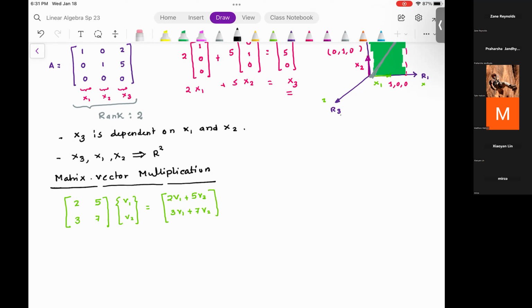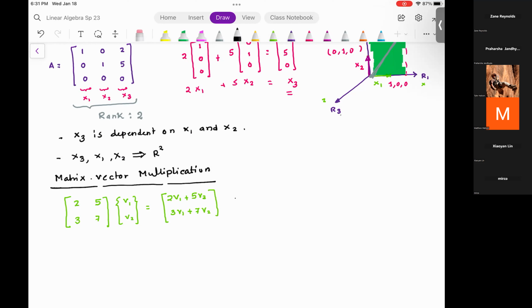This is called the row way of multiplication. So basically, this is how we multiply.